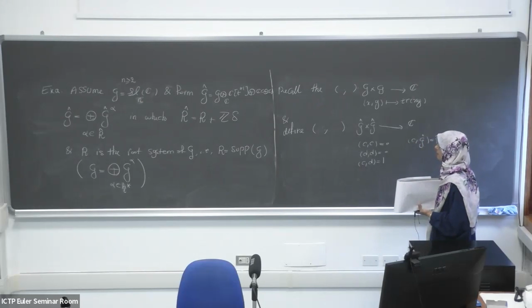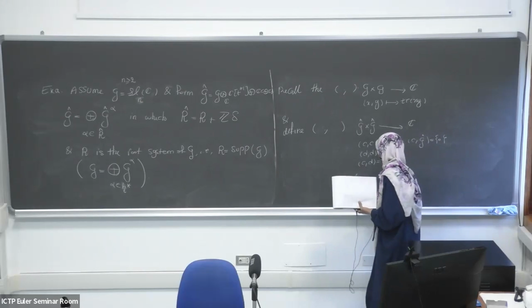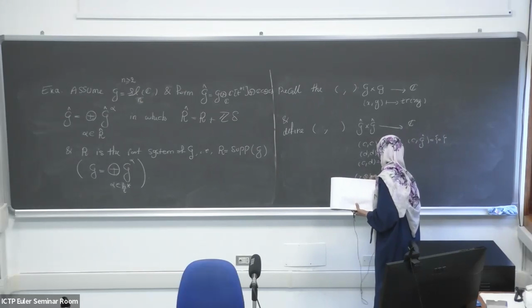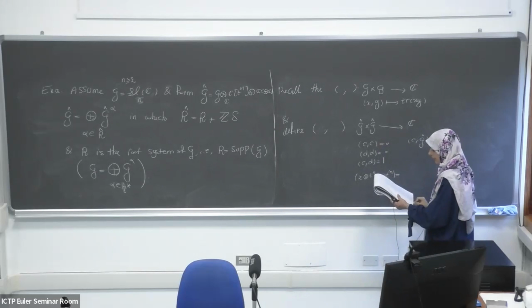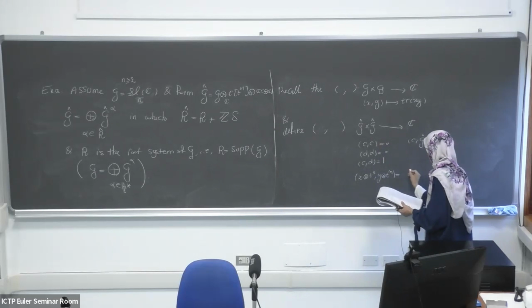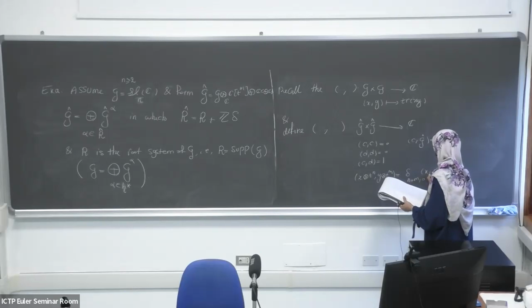Right, and for each x tensor t^n, y tensor t^m, I define the form to be delta n plus m, 0, times the form of xy.